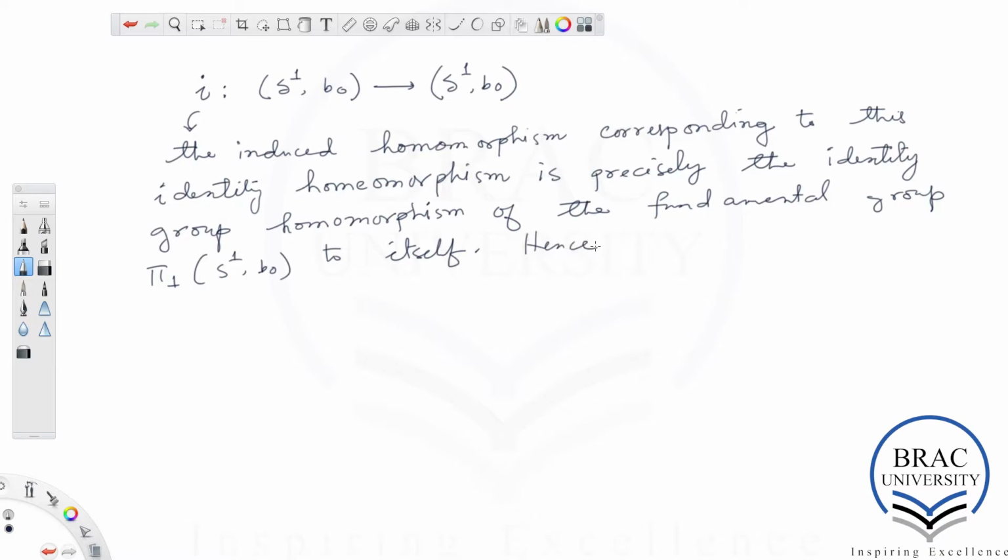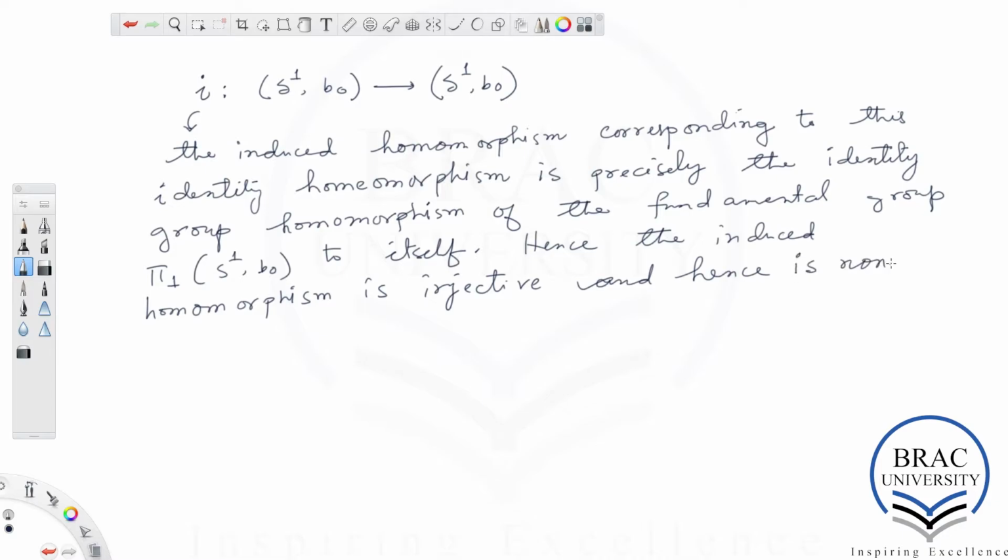Hence, the induced homomorphism is injective, and hence this induced homomorphism is non-trivial.